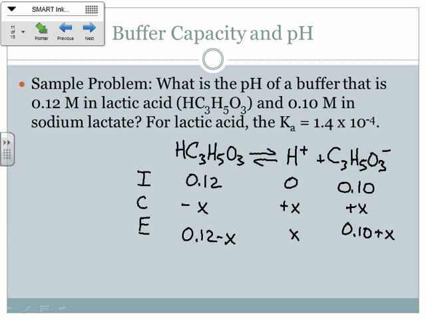But then we're going to make the simplifying assumption on the two that are the minus x and the plus x. So you end up with 1.4 times 10 to the negative fourth is equal to x times 0.10 divided by 0.12. Okay? When you work that out, x is equal to 1.68 times 10 to the negative fourth.